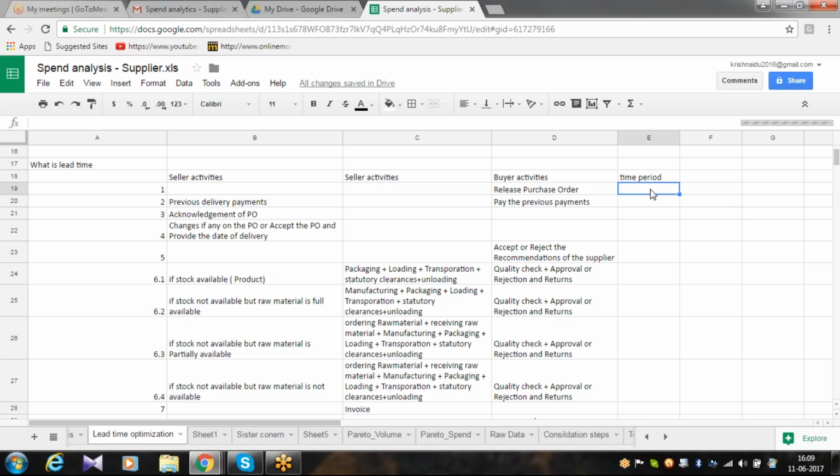Okay, let's put some data here. Releasing a PO, 1 day. Supplier complaint that previous payments are there. Let's assume there are no previous payments. Acknowledgement of PO, if it takes 1 day, or let's take 2 days. Changes, if anything is there, takes 1 day.